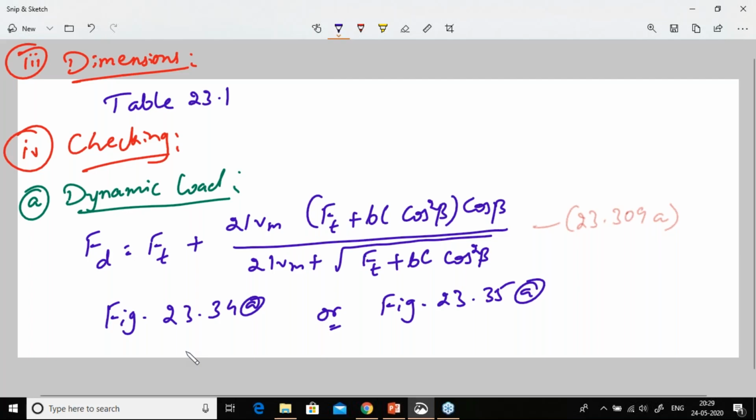If we don't know the class of gear, then based upon Vm, that is velocity, we can use figure 23.35a to find out error e. Once we find error e from table 23.32, based upon this error e, we can find out C. By substituting all these values in this equation, we can find out Fd, that is dynamic load.